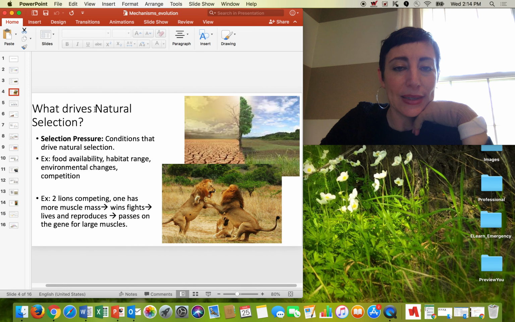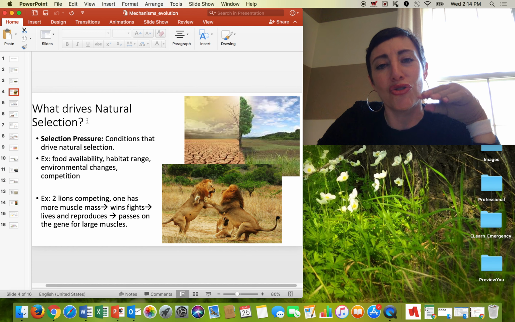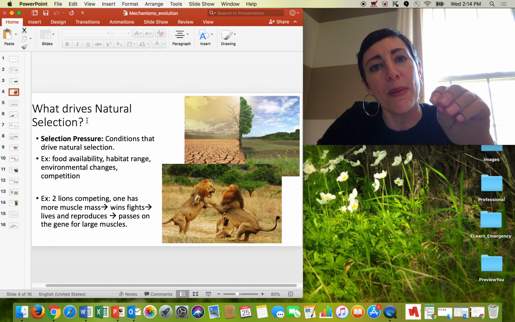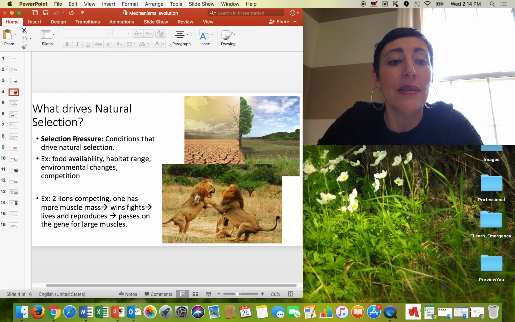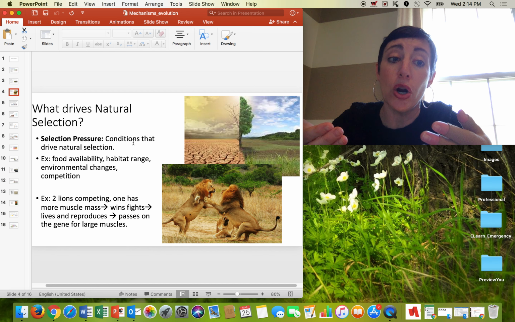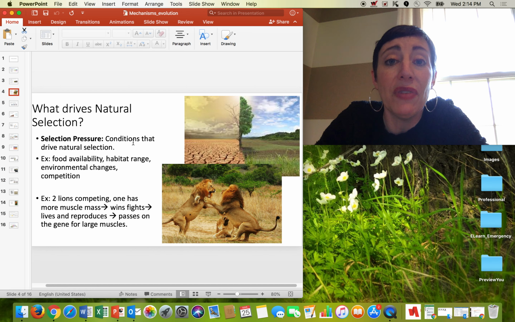Oh, before we do that, sorry. There are things that drive natural selection, so drive changes within a population in an environment. And those things are called selection pressures. They are conditions that allow natural selection to work. So for example, food availability.